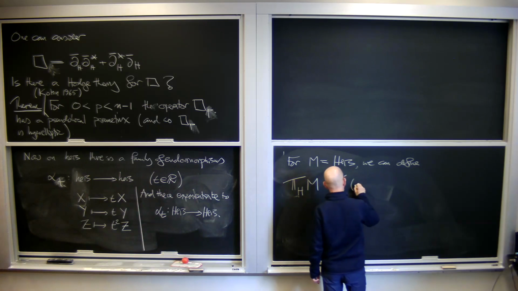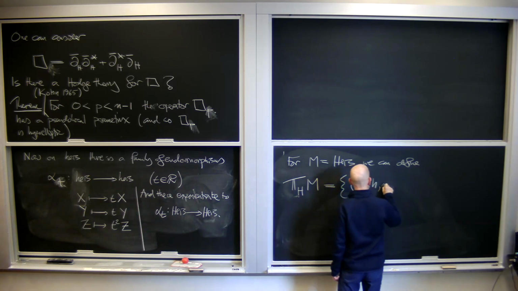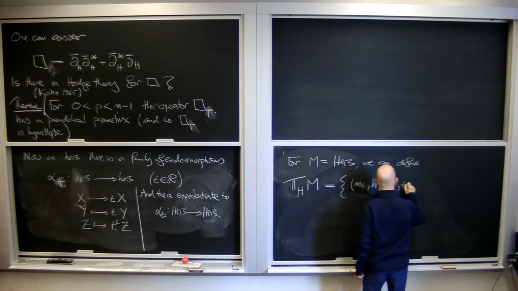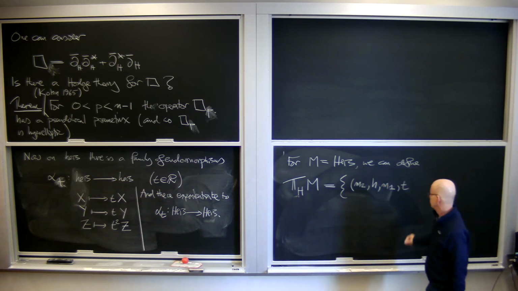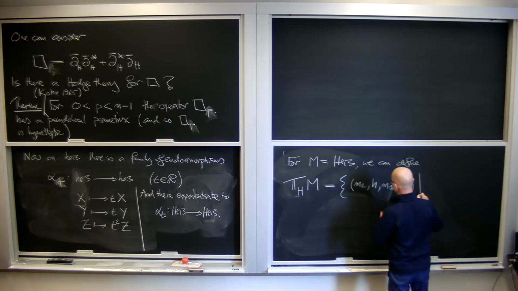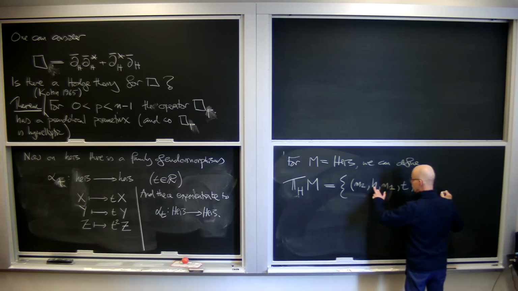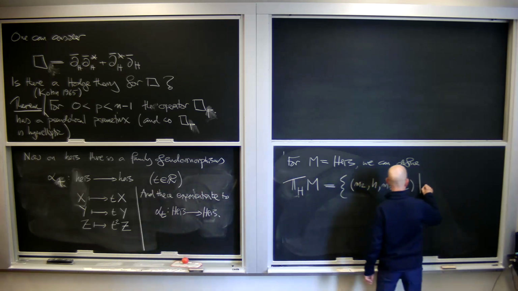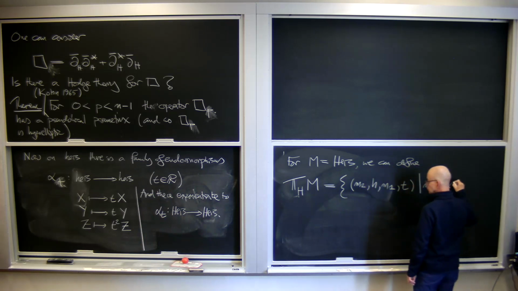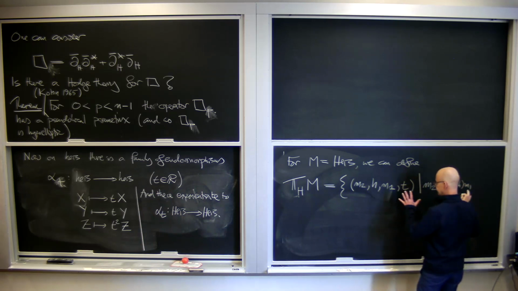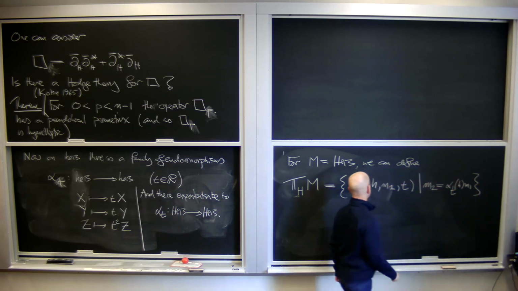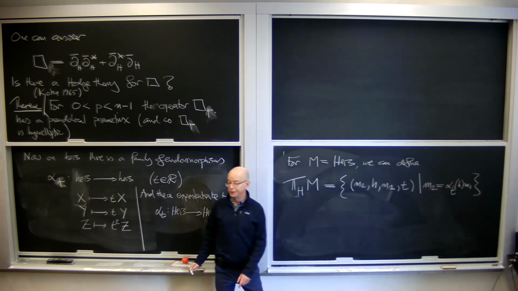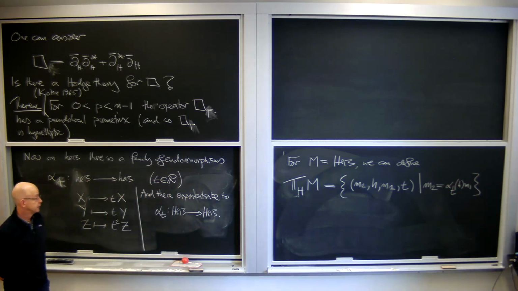So it'll be a bunch of triples, actually quadruples: a point in the manifold, an element of the Heisenberg group, another point in the manifold, and a number T. And the condition is you can get from M1 to M2 by multiplying by H after you've rescaled it by alpha T. I mean, apart from telling you where these various bits and pieces lie, that's an object.